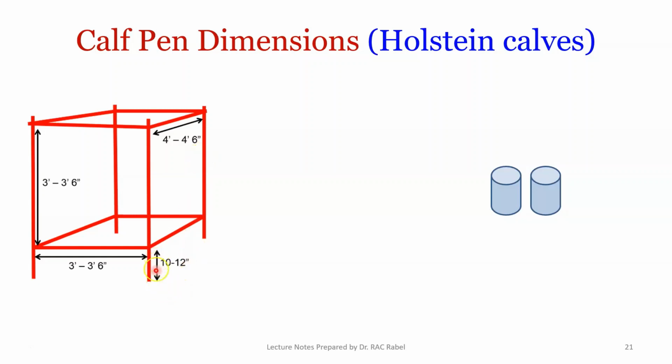And something very important is that it has to be raised 10 to 12 inches above the level of the ground so that you can easily have access to the underneath of the calf pen. You can pass a mammoty or udalla or a shovel and remove the dung, right?